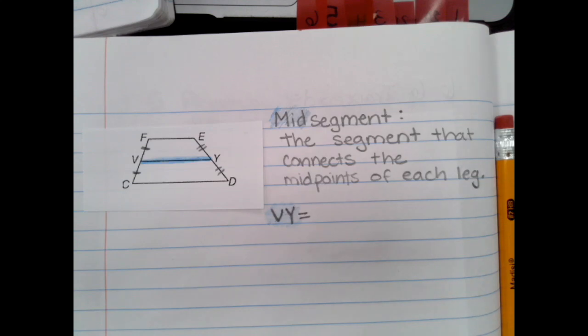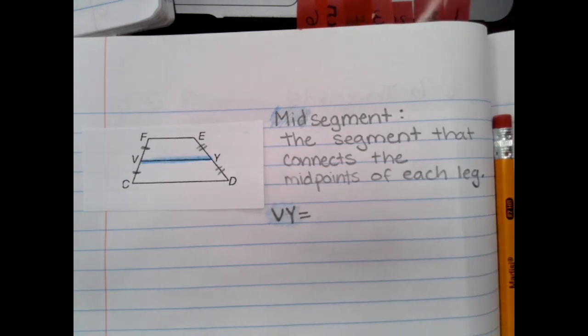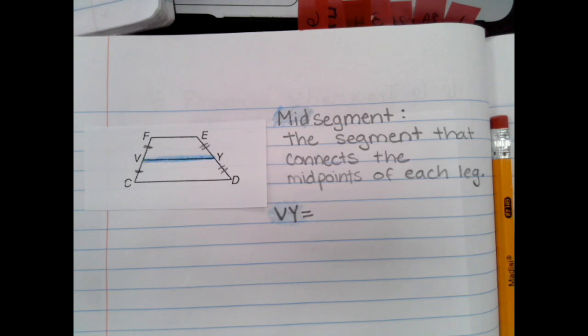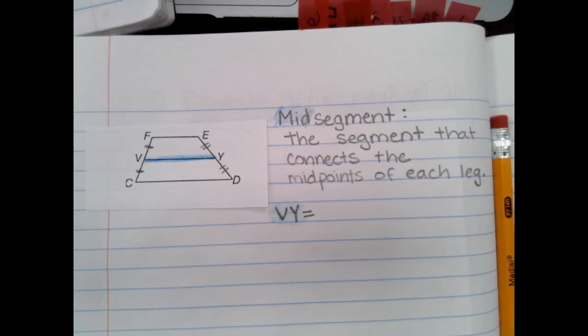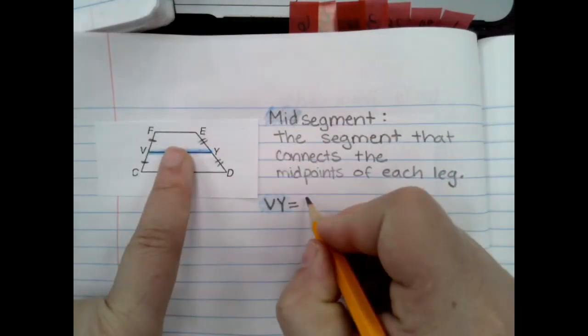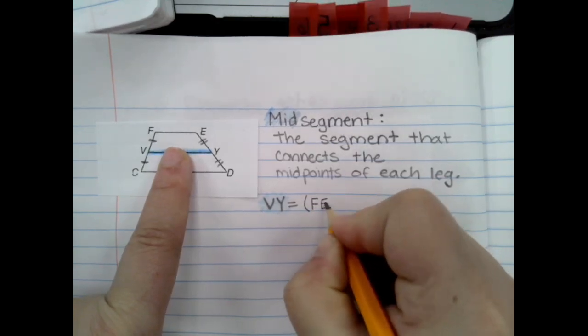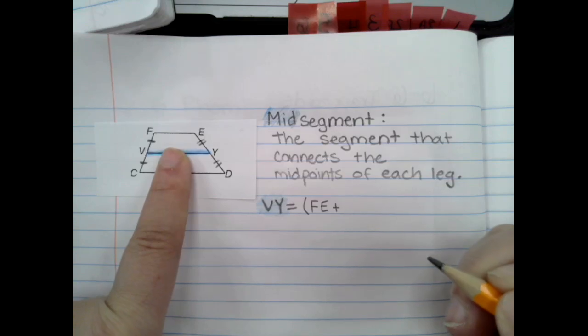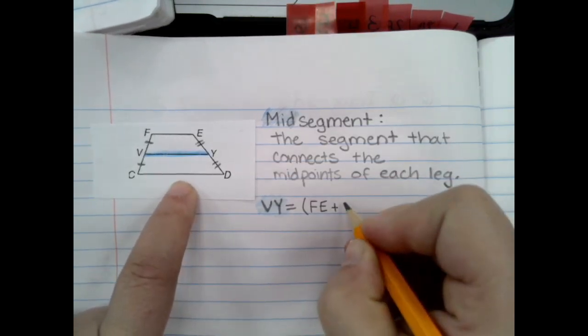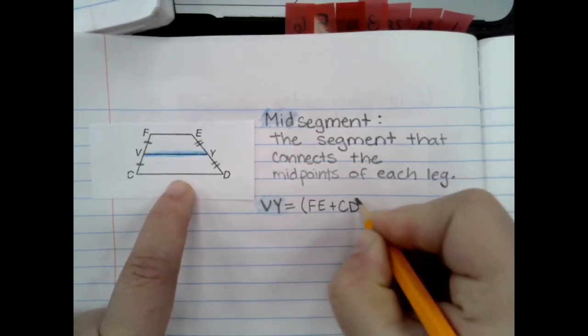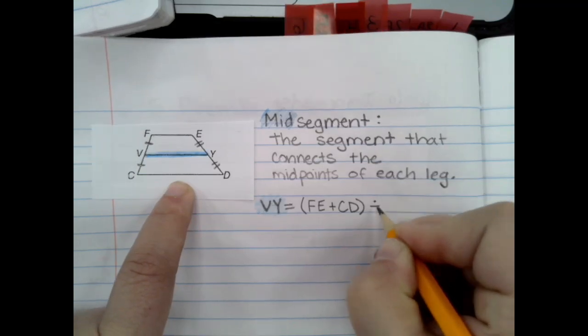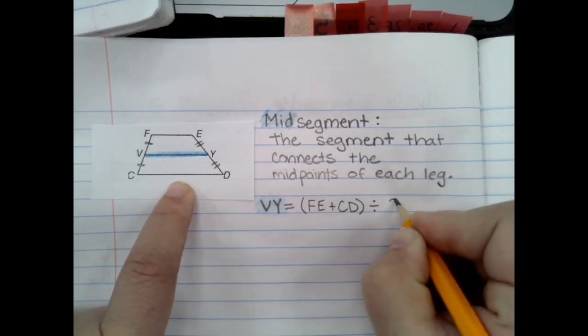So to find average, remember you add and divide by how many there are. So we're going to add our bases. So FE is one base, plus our other base, the bottom, CD. And then we divide by how many bases there were, which is 2.